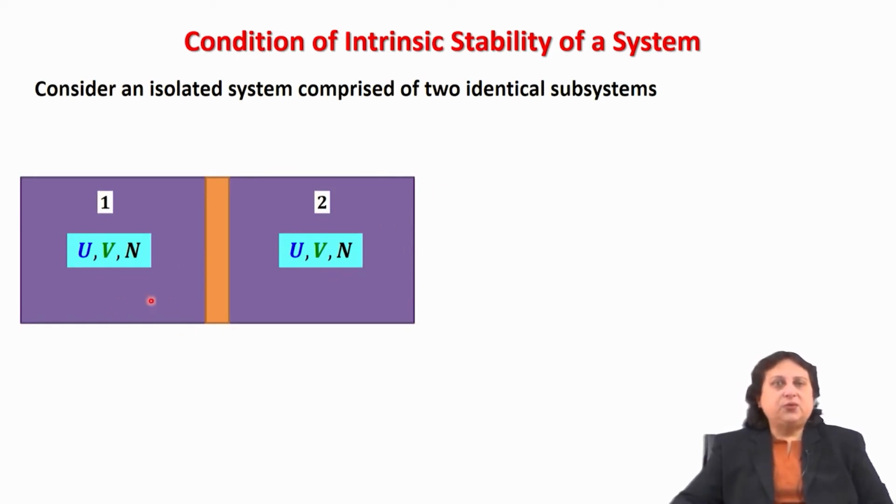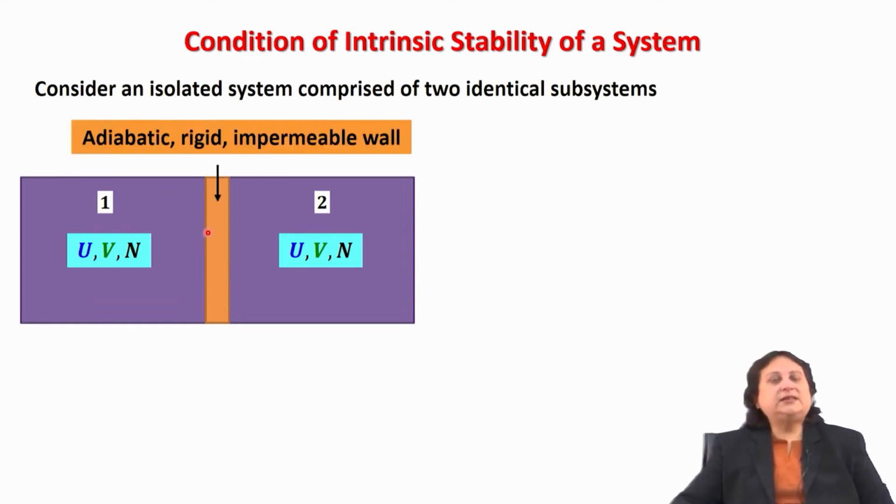What I have is compartment 1, which is isolated from the environment, and another compartment 2, which is also isolated from the environment, and these two compartments are separated by an adiabatic, rigid, impermeable wall. As a result, I have two identical subsystems by construction. So, the equilibrium state of compartment 1 will be given by U, V, N, and the equilibrium state of compartment 2 is given by the same values of U, V, N.